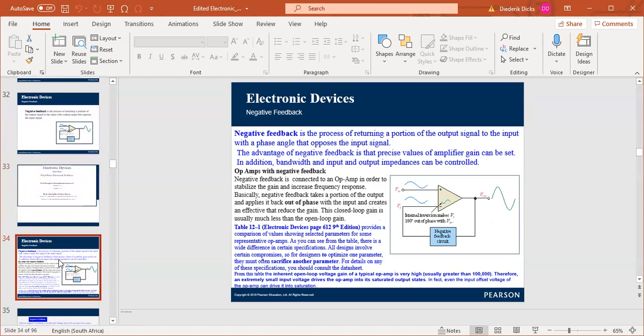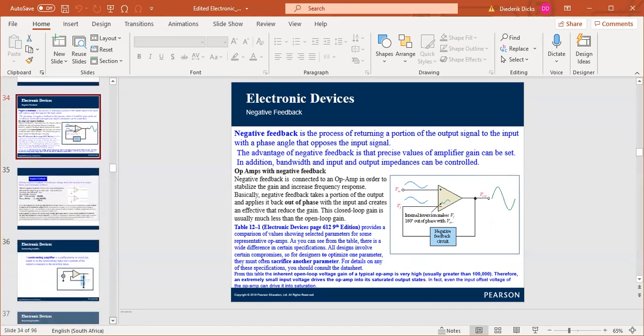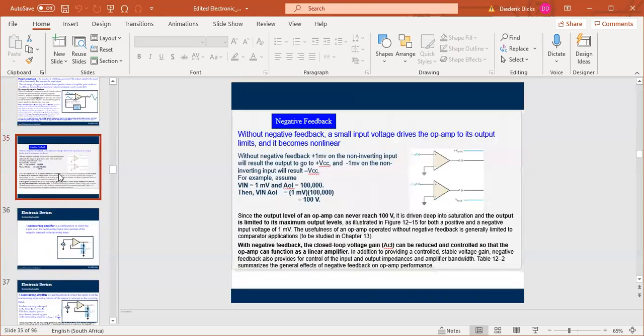That is now slide number 54. I already mentioned that negative feedback is connected to an op-amp in order to stabilize the gain and increase the frequency response. In this particular case, we refer to a non-inverting amplifier.